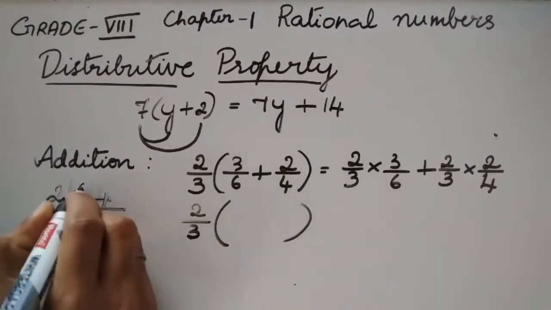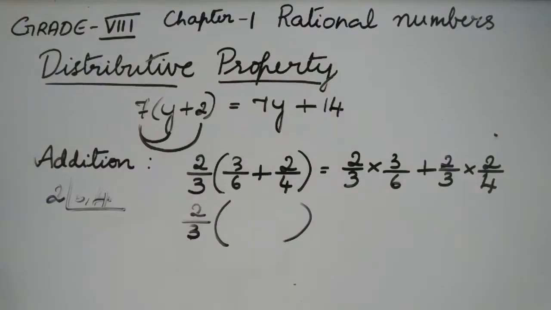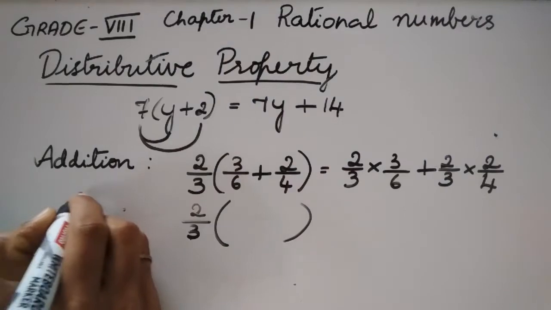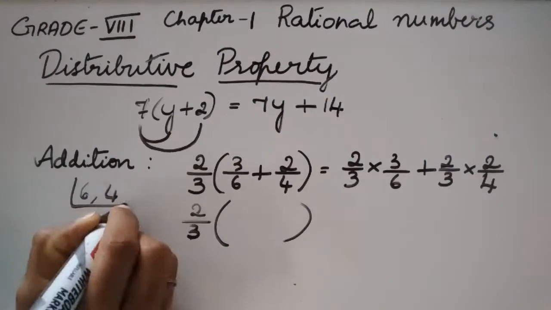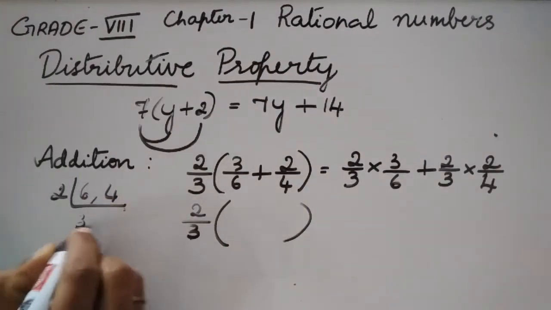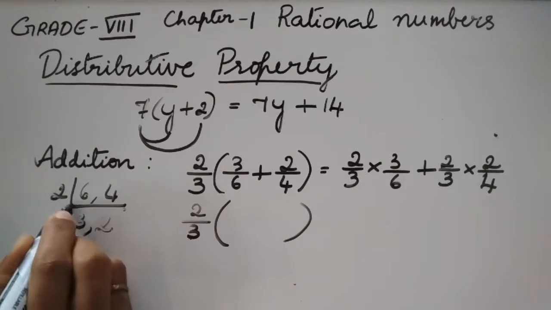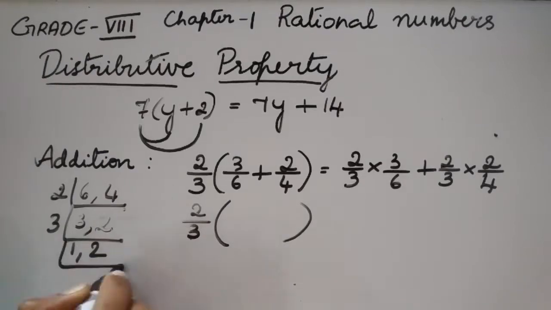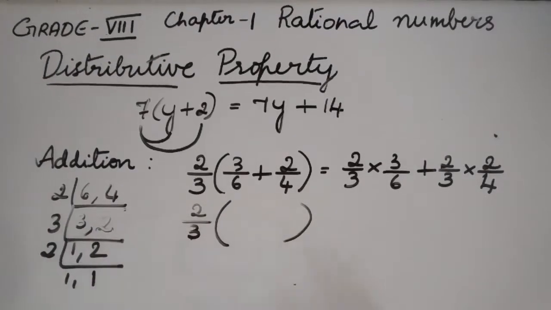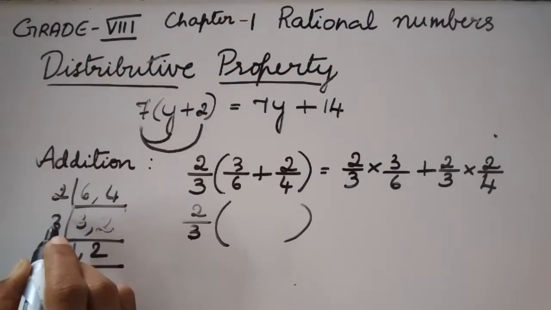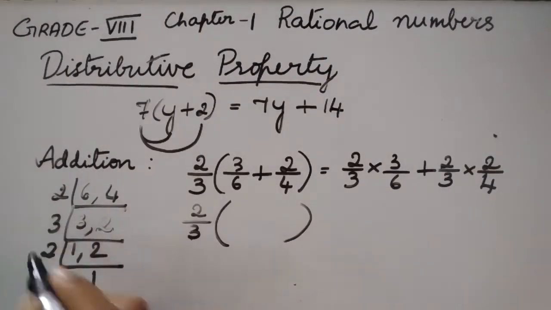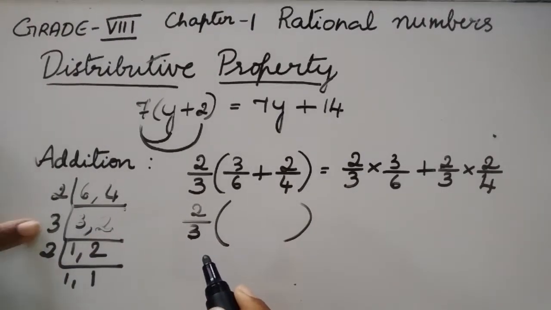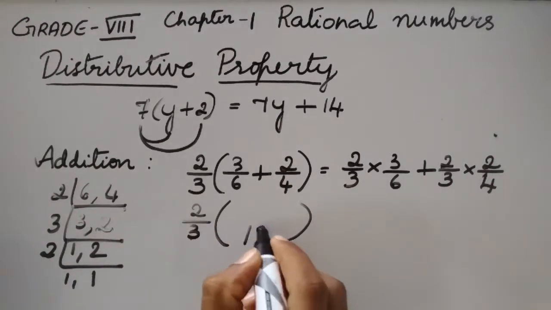That is 6 and 4. So 2 3s are 6, 2 2s are 4. Then I get 3 1s are, 2 1s are. So I'll get 2 3s are 6 and 6 2s are 12. So I have to multiply this. 2 into 3 into 2 is 12.